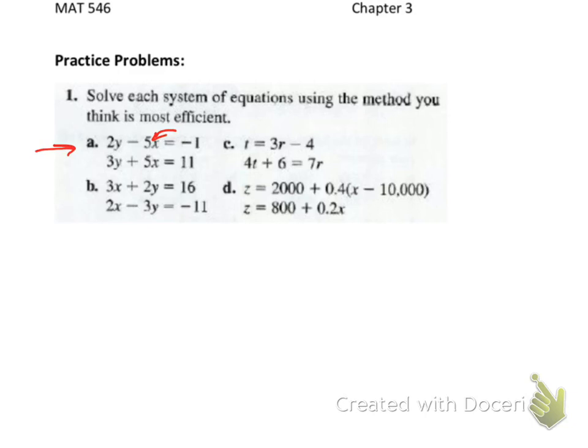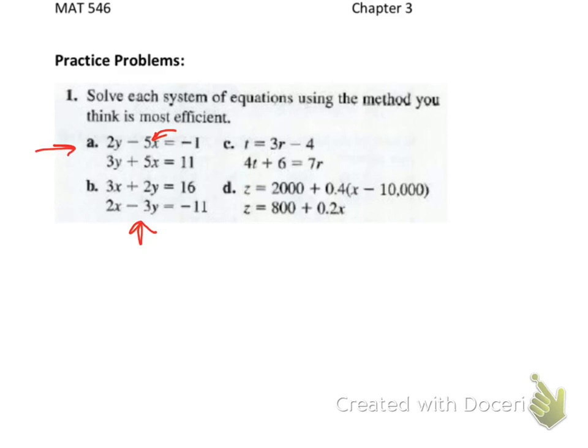For B, what I would do is multiply the top by 3 and the bottom by 2, and you would then have different signs on coefficients of 6, which would allow you to eliminate y, and I would solve that by elimination.